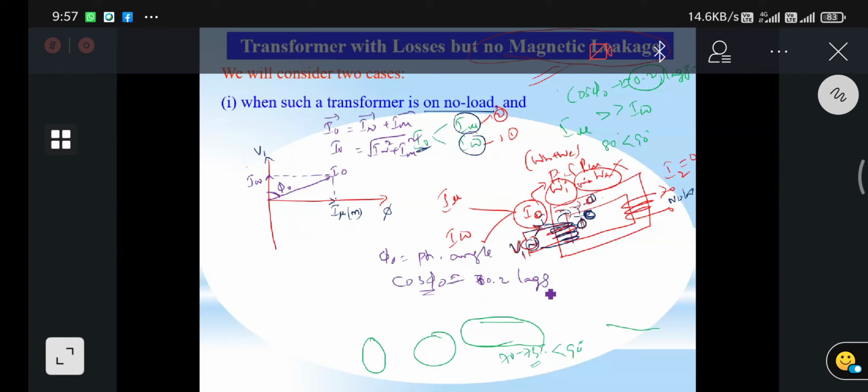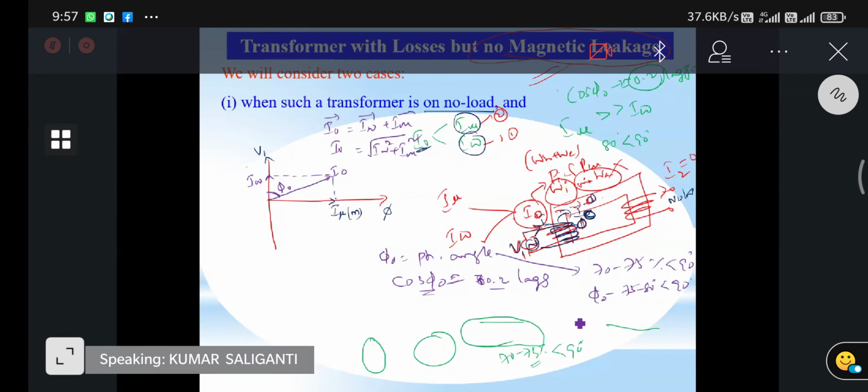What about the no load phase angle? The no load phase angle will be approximately 75 to 80 degrees, which is less than 90 degrees. This is the phi naught. What about the cos phi naught?